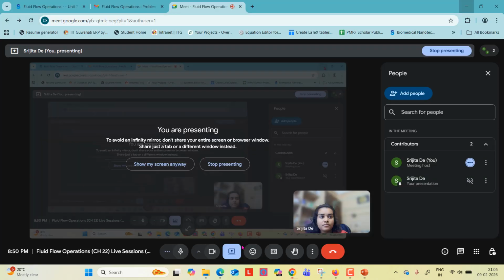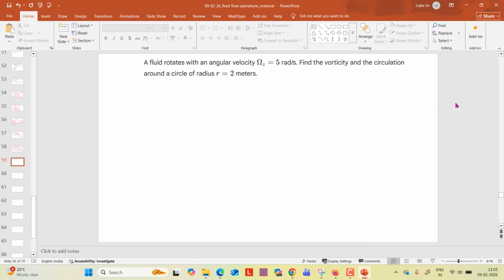Next, a fluid rotates with an angular velocity. Find the vorticity and the circulation around a circle of radius r equals 2 meters. So from the relation we know that vorticity is twice the angular velocity, so it is 2 into 5, 10 radian per second.